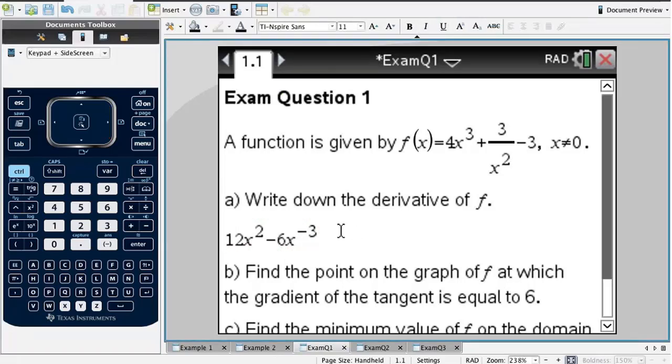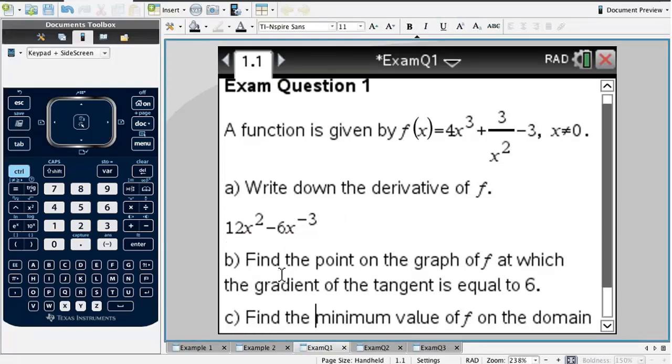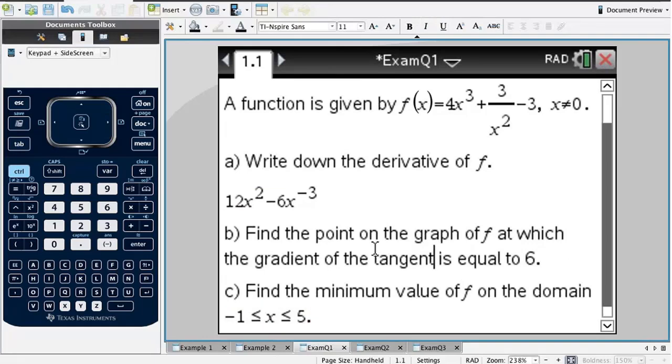So that's the derivative. Now, find the point on the graph of f at which the gradient of the tangent is equal to 6. So in other words, I want to know when this derivative function equals 6. So I can use nSolve for that. I wouldn't use polyroots because it's not a polynomial, because of the negative indices.